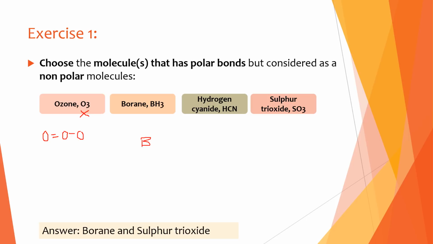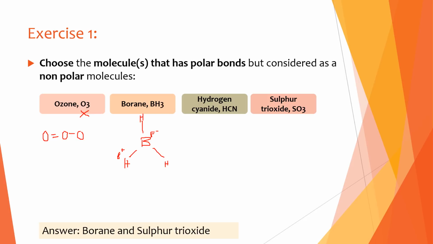For borane, the Lewis structure looks like this, which is trigonal planar. First thing first, determine whether the bond is a polar bond or not. Borane has a polar bond because the central atom and the side atom are different and the electrons are shared unequally, because hydrogen is partially positive and boron is partially negative.